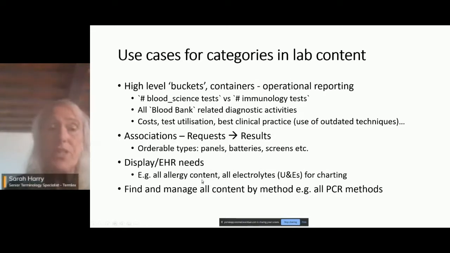So we want to see that list available, not the whole of what your lab can do. You might well want to put electrolytes into a list so that you can chart them, put them in graphs for trending over time from a specific kind of U&E clinical definition. So it's very valuable. We might want to pull out all our PCRs, and we might want to check what tests we're doing, specifically what methods we're using, particularly for PCRs. We might want to update those. We might want to review them in various ways.